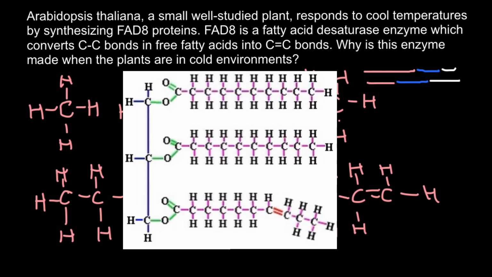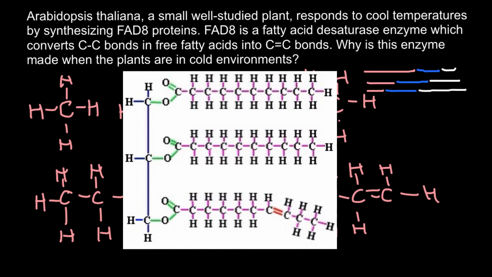Even between, say, plants, we can find different variants. For example, in other plants, we may find just a little bit of saturated fatty acids, not so much monounsaturated, and we can find that the majority would be polyunsaturated fatty acids.